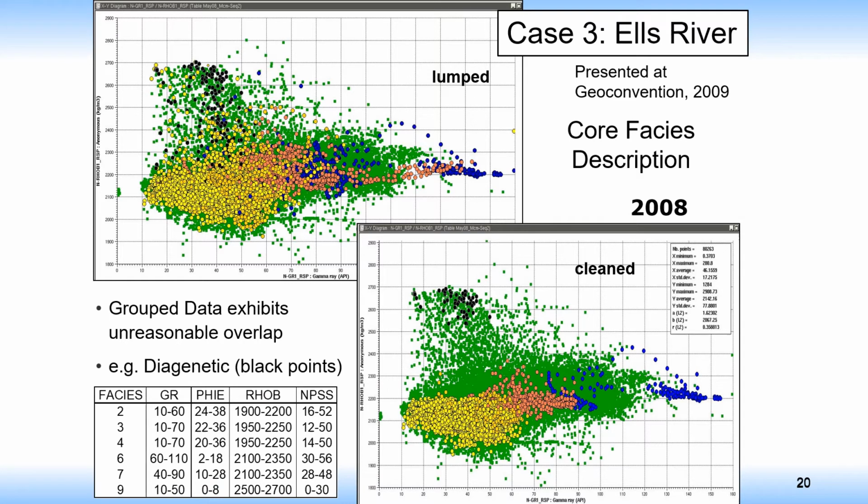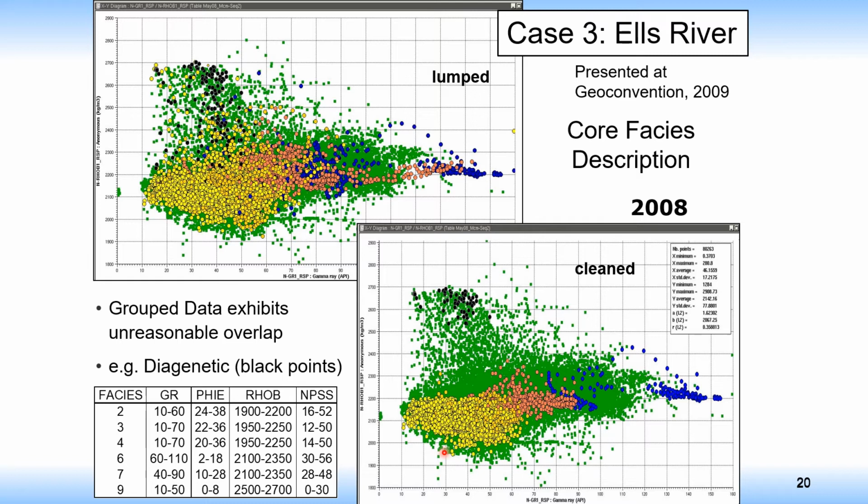Okay, so then here's another example. It's just showing cleanup. So with a large number of wells, we have a lot of overlap. We had high density stringers here with either misclassification or bed boundary effects, core shifting, things like that. So we applied a heavy cleanup. So this is not an unbiased process.